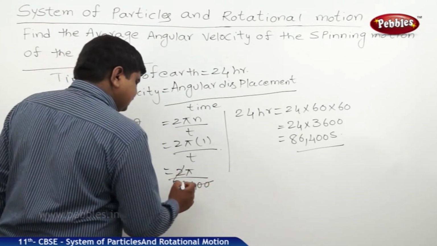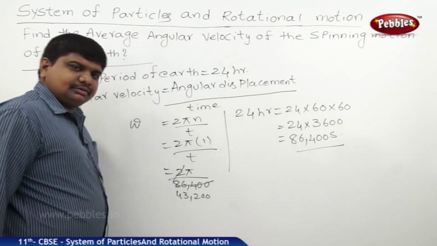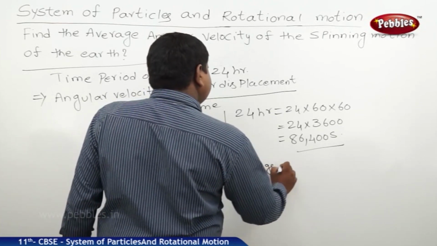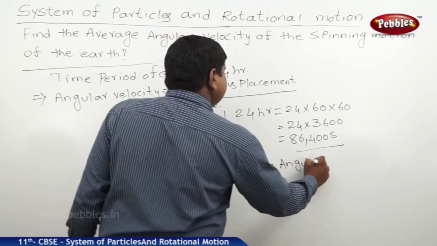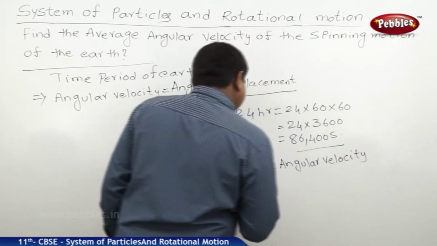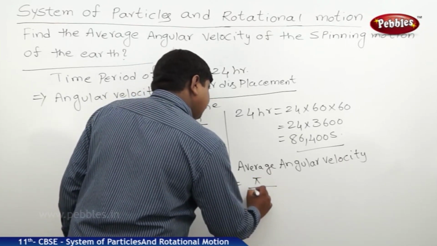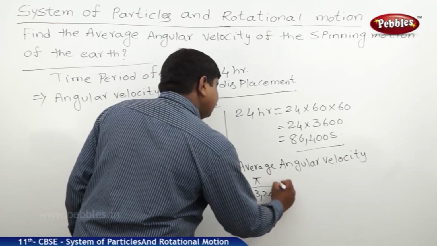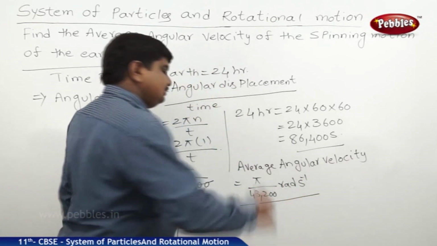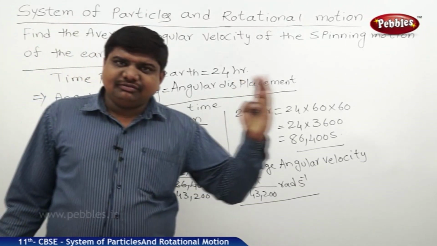The 2 cancels with 86,400 to give 43,200. Therefore, average angular velocity is equal to pi by 43,200 radians per second. This is the average angular velocity of the spinning rotation of Earth.